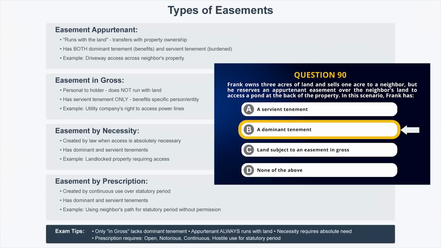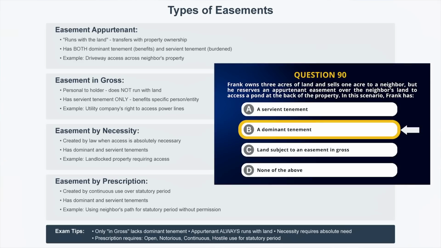The neighbor is getting the acreage with the appurtenant easement attached to it. It runs with the land, and therefore they have to allow Frank onto the property to access the pond. Therefore, Frank's estate is dominant. He gets the right to access the pond, and the other owner is now the servient tenement to this easement that has been created.